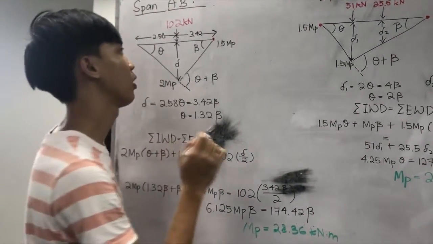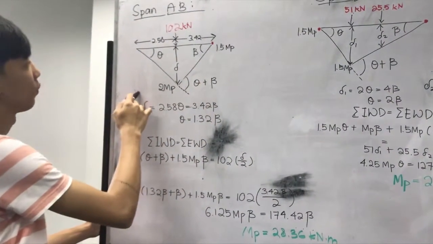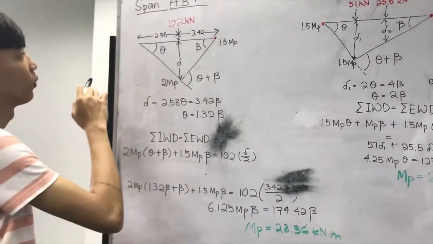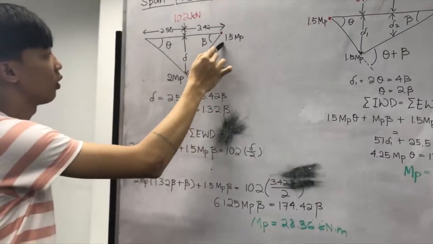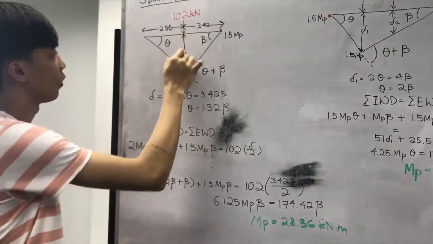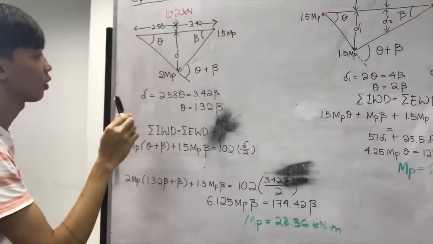So each span has their own diagram. So for span AB, it's this one. So from this diagram, the location of hinge is here, and this is the deflection. So from the diagram, you have to construct this formula.